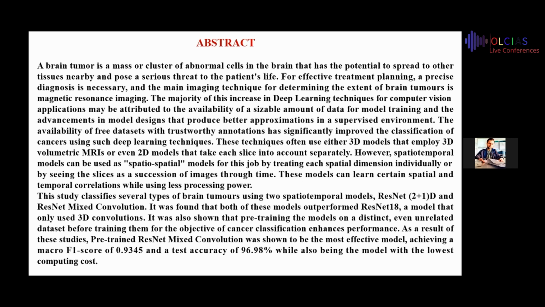These techniques often use either 3D models that employ 3D volumetric MRIs or 2D models that take each slice into account separately. However, spatio-temporal models can be used as spatio-spatial models for this job by treating each spatial dimension individually, or by seeing the slices as a succession of images through time.